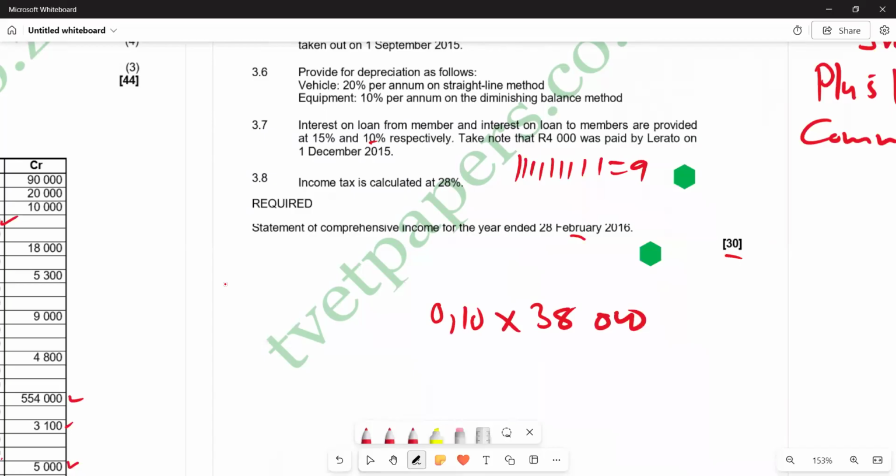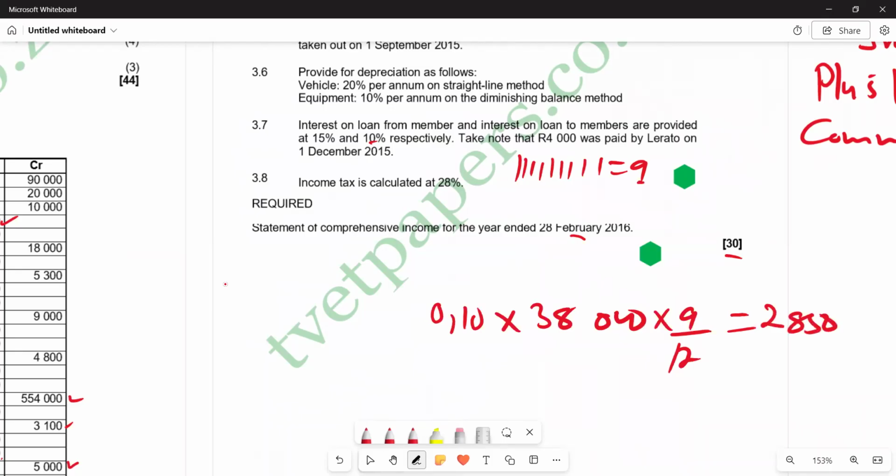When you do this, you get an annual figure, but we want only 9 months when we had 38,000, because after 1 December, 4,000 was paid, which means we had 38,000 minus 4,000 after 1 December. So for 9 months, we make a proportion of 9 months, which is 9/12. If you calculate it correctly, you're going to get 2,850.